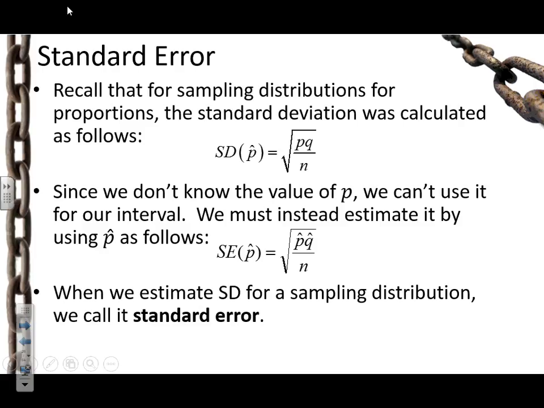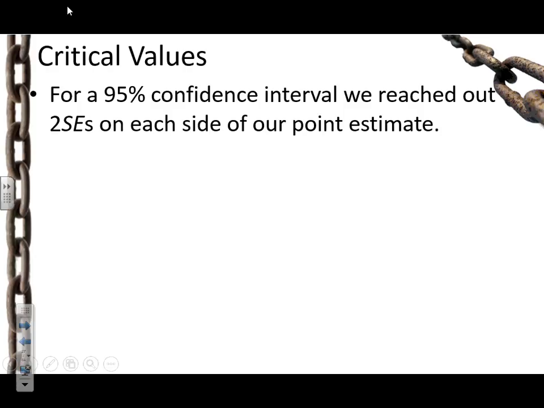So the center of your interval is still going to be P hat, like it always has been, but our standard error is going to be P hat times Q hat over N, all inside the square root. Okay? Now, the next thing we need to discuss, besides knowing the center and knowing the standard error, is we need to know how far to reach, how many standard errors do we want to reach above and below that center point.